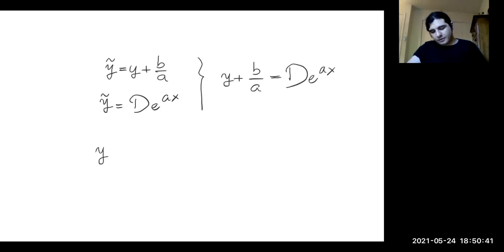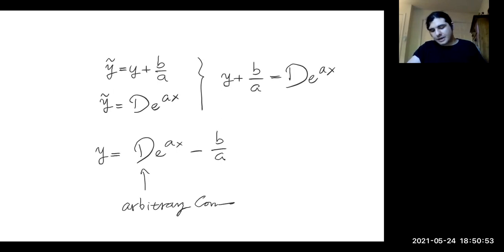And therefore, the function y is equal to d e to the ax minus b over a, where this d is an arbitrary constant. And that's the general solution to this equation. Is there any question here? Does it make sense to everyone?